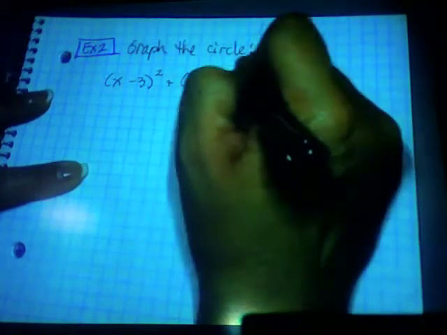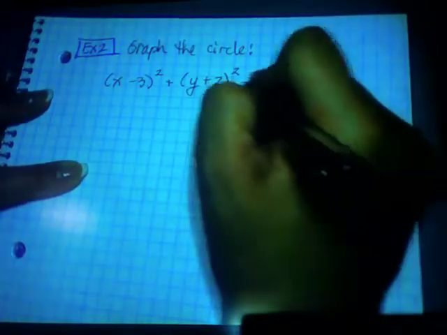So the next one, I'm just going to give you the equation and you have to graph it. Example 2. You're going to graph the circle. I've given you x minus 3 squared plus y plus 2 squared equals 16.